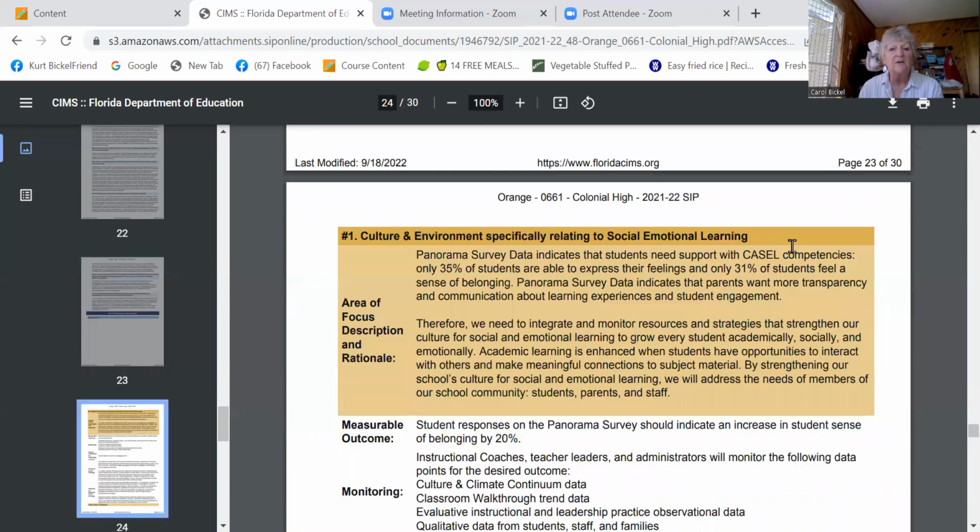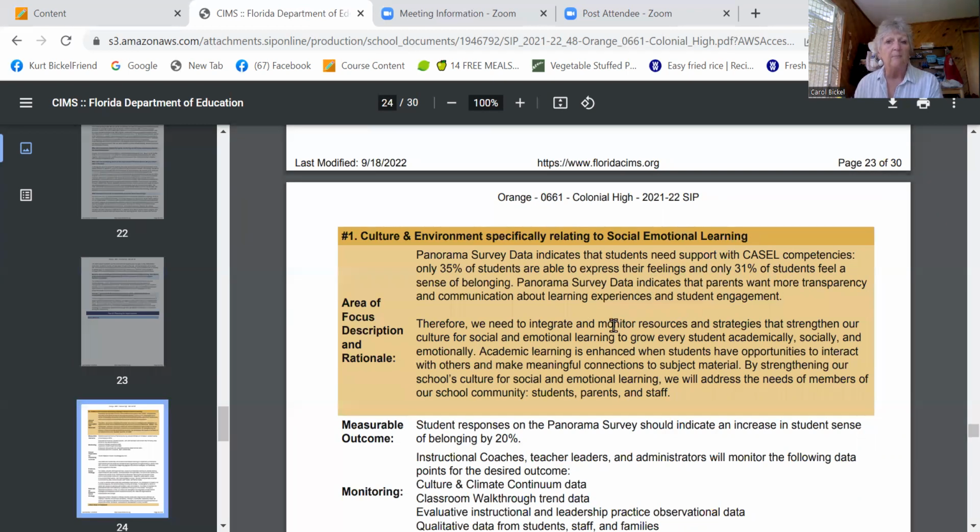If you look at this very first one, this deals with social emotional learning. They did a huge survey for the whole school using an organization called CASEL, C-A-S-E-L. I'm sure you've heard of it. They've been around for a long time, but they focus in on the social emotional learning that happens in school.